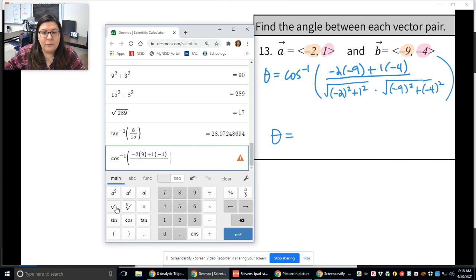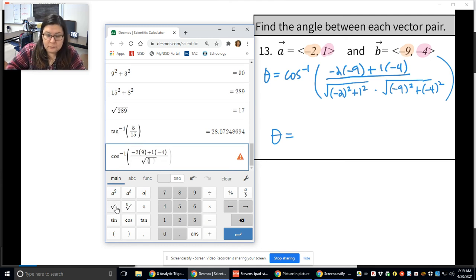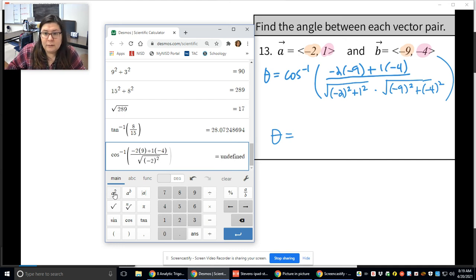Okay, denominator, square root of -2 squared plus 1 squared times, okay, next square root, -9 squared plus -4 squared.